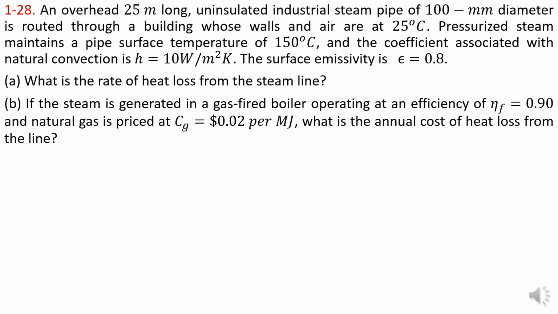We have to find the rate of heat loss from the steam line, and we have to find the annual cost of heat loss from the line if a gas-fired boiler having an efficiency of 90% is used to produce the pressurized steam. The cost of natural gas is given, which is $0.02 per megajoule.